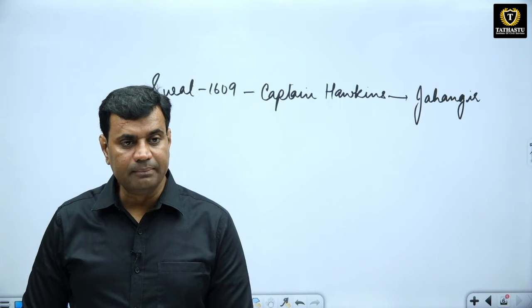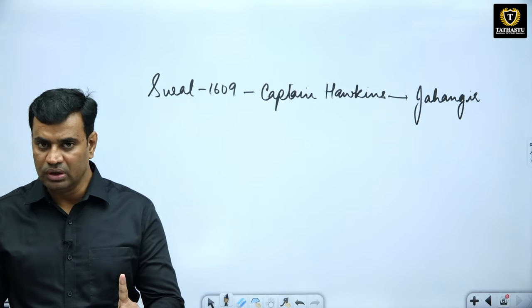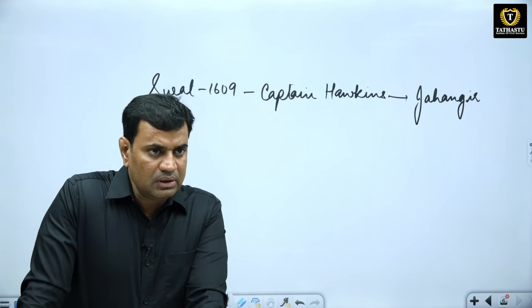Jahangir was the ruler from 1605 to 1627.